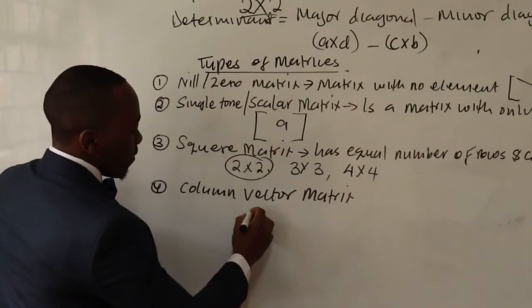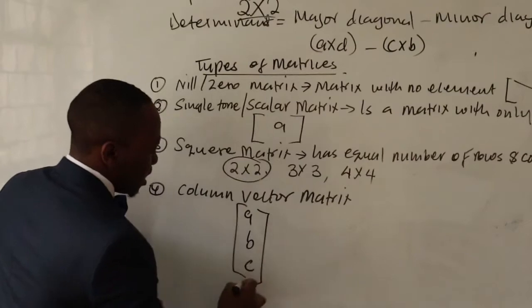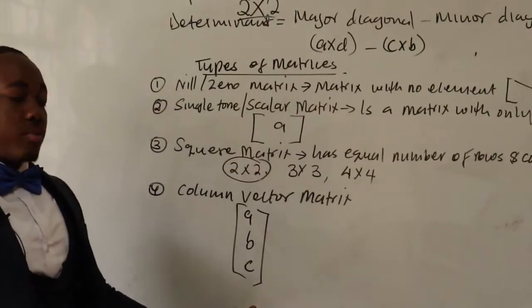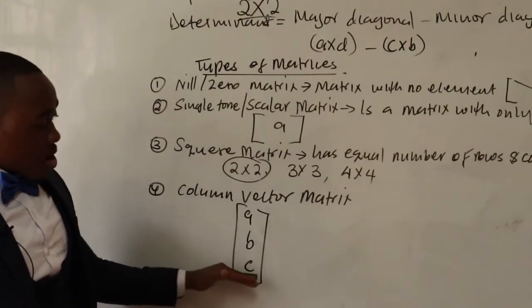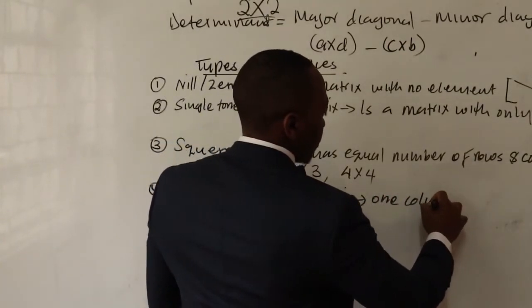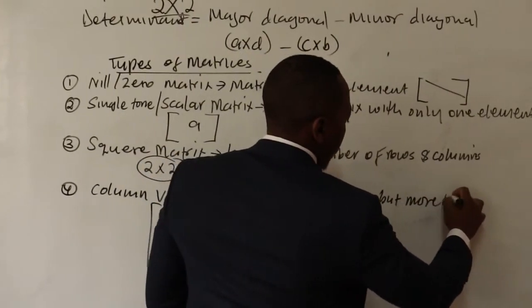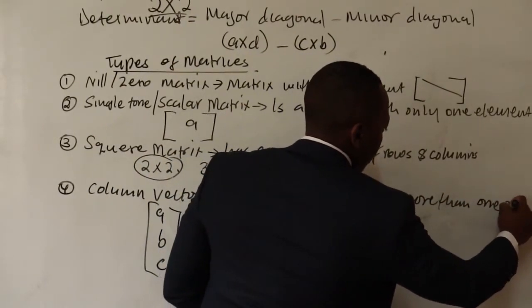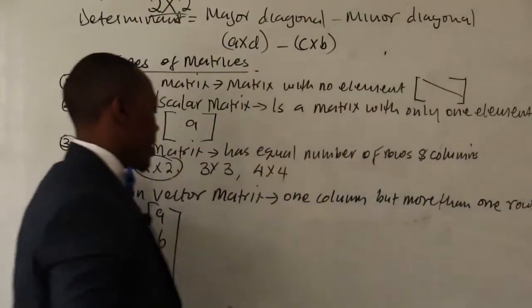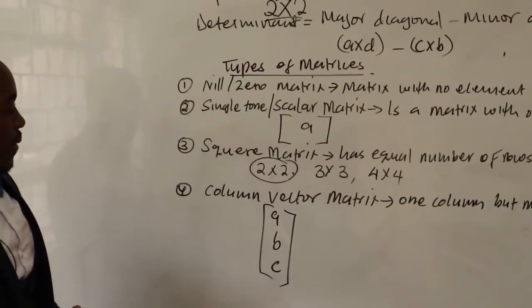So for example, we have A, B, C, assuming we have that matrix. In this case, we only have one column, but more than one row. So that's what we call a column vector matrix.